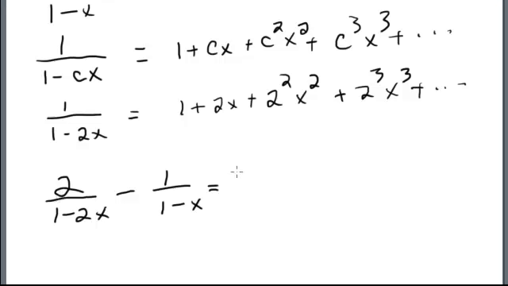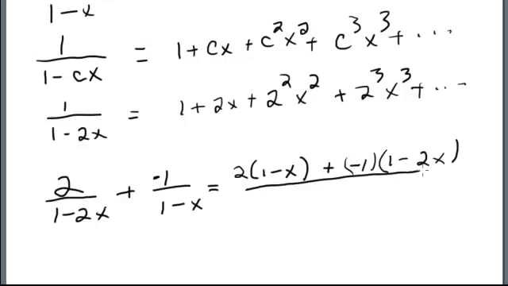We just say that's 2 times 1 minus x, from last time, or the time before last time, plus negative 1 times 1 minus 2x, all over 1 minus x times 1 minus 2x.